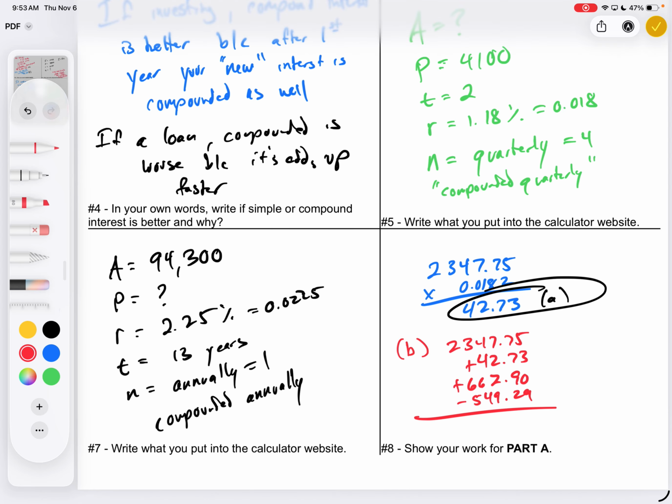What you have to do right here is basically figure out what to add and subtract. So my original balance was $2347.75. I add my interest, I add the purchases I made, and I subtract any payments I made. So this should be $2504.09. That would be my answer to part B. All I ask is that you show your work for part A, but just so I have everything right there in one spot, you can see it.